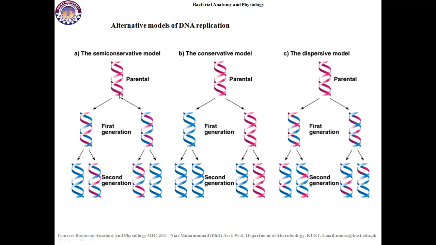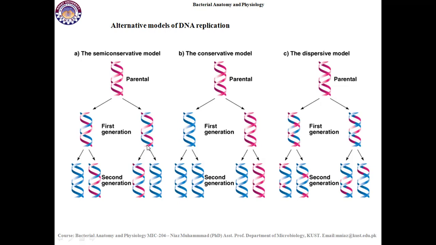So how? This has been opened and unwound by helicase and it becomes straight. It is available in the form of a template for the daughter strand during replication, and the daughter strand forms on the parent strand. So this is called semi-conservative. Again, this one will go into replication for a new generation. This one will work as a parent strand and provide a template while the daughter strand forms.